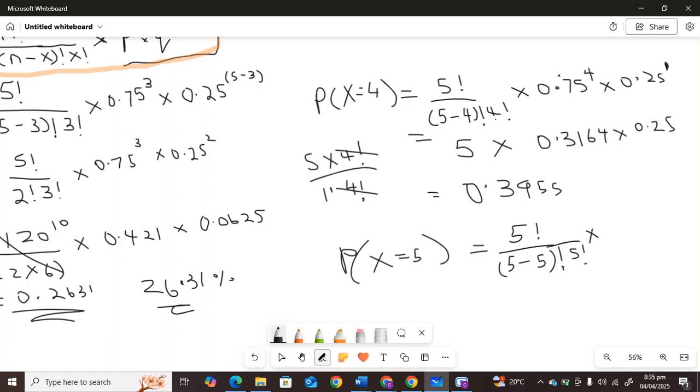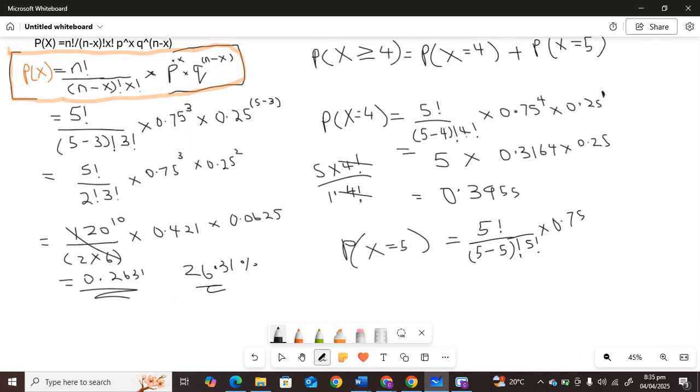multiplied by, okay, here we have p, which is 0.75, p to the power x, so 0.75 to the power 5, because our x is 5, multiplied by q, which is 0.25, to the power n minus x, so to the power 5 minus 5. 5 minus 5, that is 0.